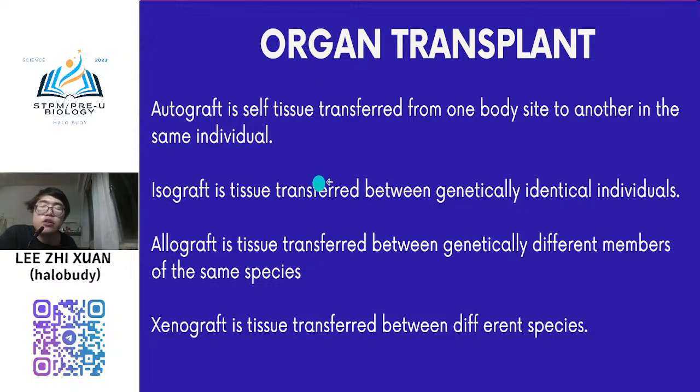This also does not have rejection, because identical twins contain almost the same genetic sequence, with only slight differences. Compared to totally different individuals like you and your brother, sister, or parents, where there is still a big difference. But with identical twins, the genetic sequence is almost the same, so there is also no rejection.